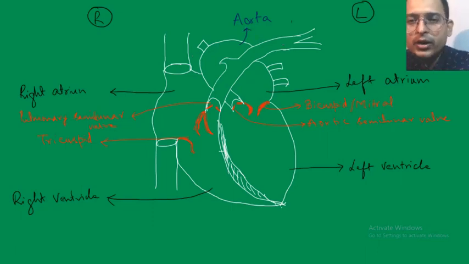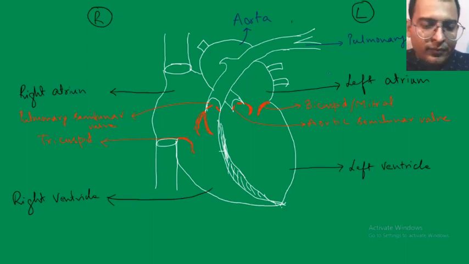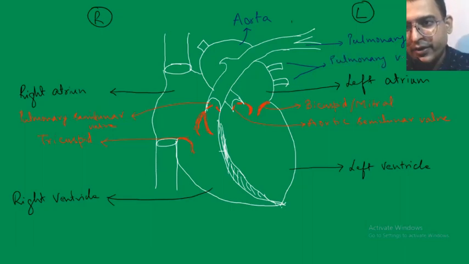This is the pulmonary artery. These two we have named. Then comes here, these two are the pulmonary veins.